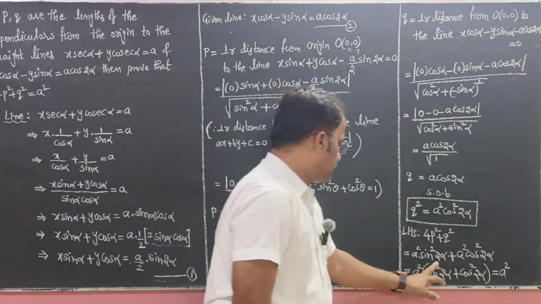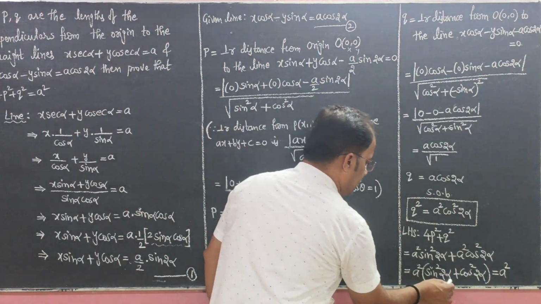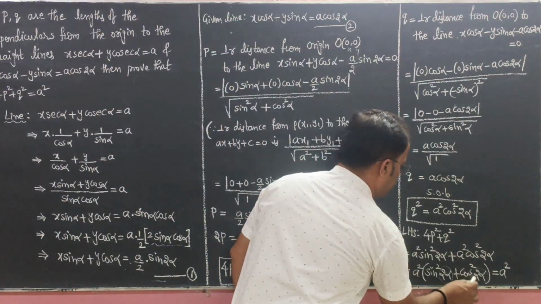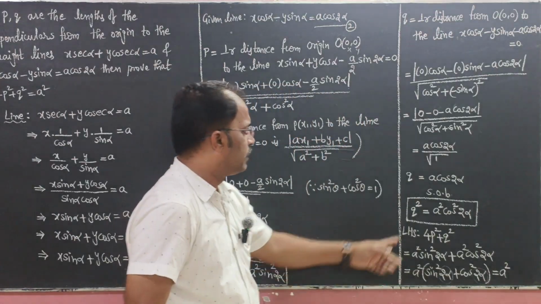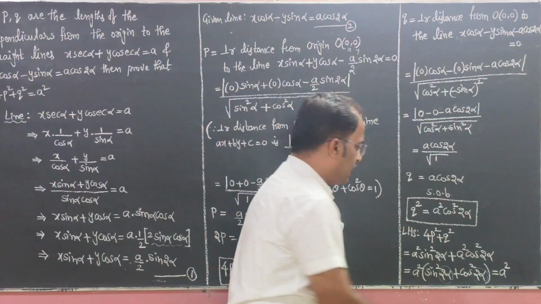Taking a square common, we get sin square 2 alpha plus cos square 2 alpha. Theta is same as 2 alpha, so we can use the identity formula sin square theta plus cos square theta equals 1, so this value equals 1.